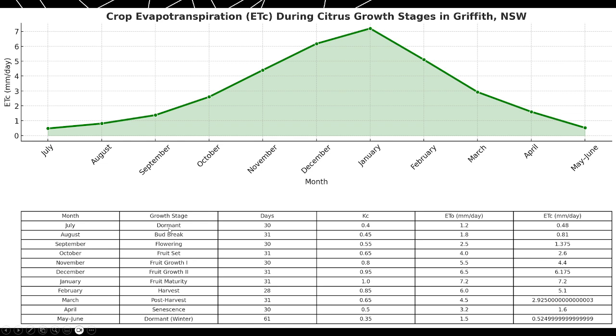If it is July, for example, in Griffith, at the dormant stage, we expect a crop factor, and by crop factor I mean the citrus tree coefficient, of 0.4. This should be multiplied by the reference evapotranspiration, which is 1.2 millimeters per day for the grass. And then this is the requirement per day.